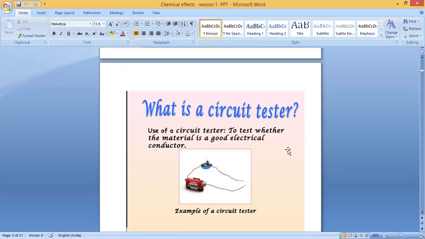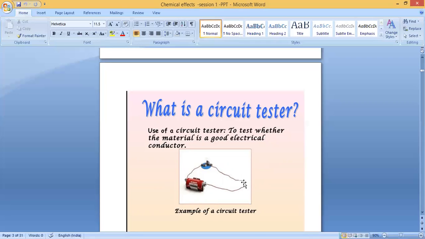So what is a circuit tester? A circuit tester is used to test whether a material is a good electrical conductor. Here we connect any material, maybe plastic or wood or metal, anything you can connect here.